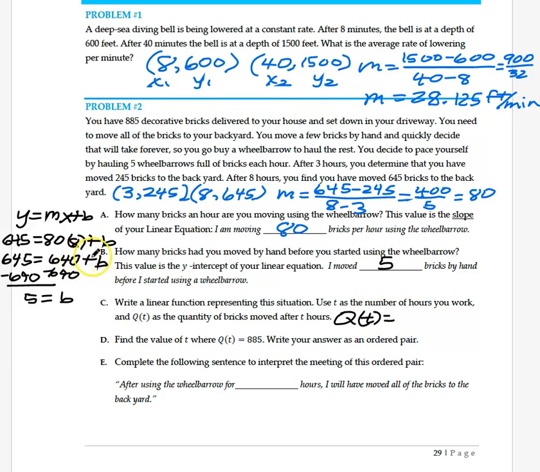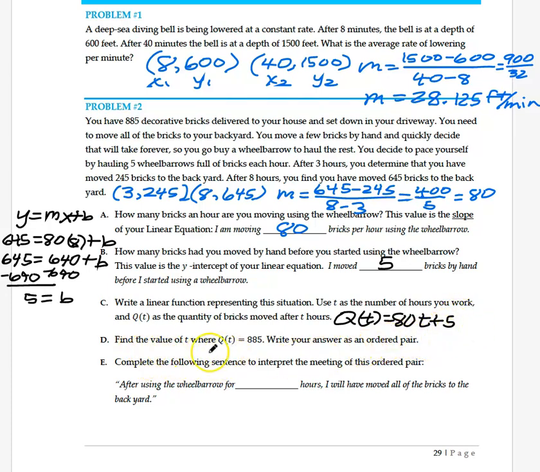So we know that 80 is our slope, so I'm going to put that in here. And then t is our time, and so how many hours it's going to take. And then plus 5, because that is how many bricks we started off with. So that's our start amount.